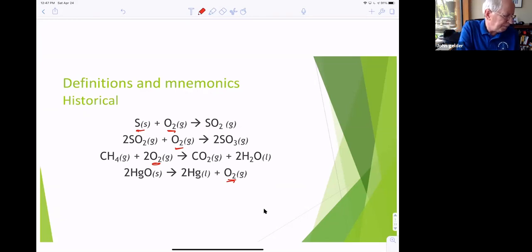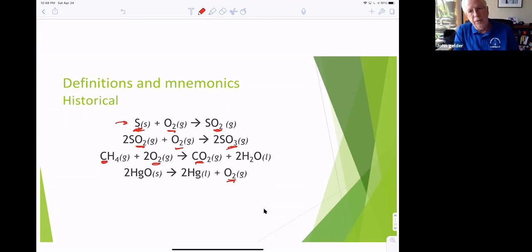And we can also notice the fact that sulfur on the reactants in the first equation has no oxygens, and sulfur on the products has 2. In the second equation, sulfur has 2 oxygens on the reactants and 3 on the products. And here, carbon has no oxygen, but now it does have oxygen.